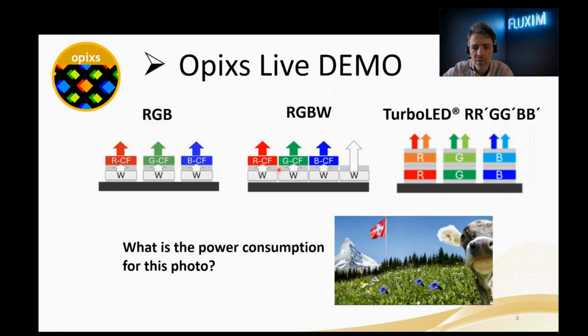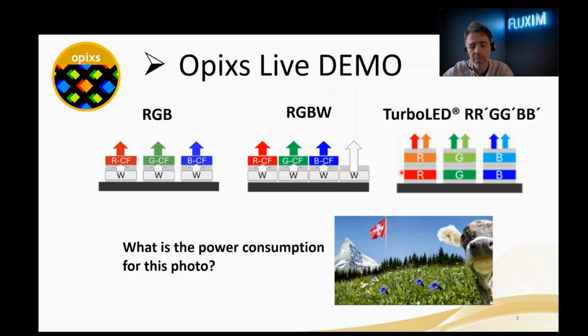Then I will go to a more advanced one where a fourth subpixel is added to the layout, and then the display is choosing 3 subpixels out of 4 to produce the color of the pixel.